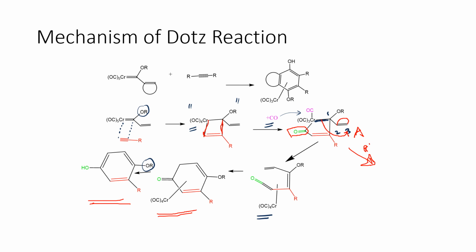Reductive elimination here would lead to a 4-carbon ring system, which would be unstable. So it does a ring expansion reaction, and that ring expansion reaction finally allows you to make this larger ring system, which is shown here.